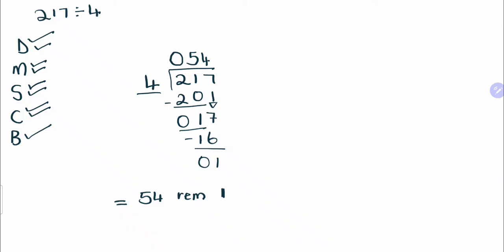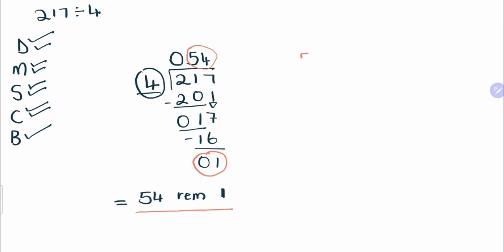Okay, now what do I mean by that? So you're going to say 4 multiplied by 54 and then plus 1. Okay, now if this answer is correct, then 4 times 54 plus 1 should give us 217.